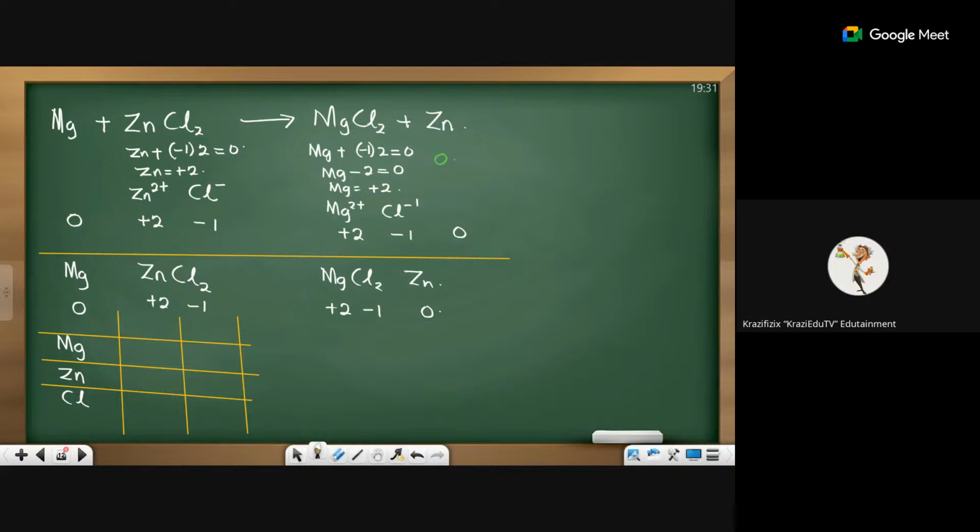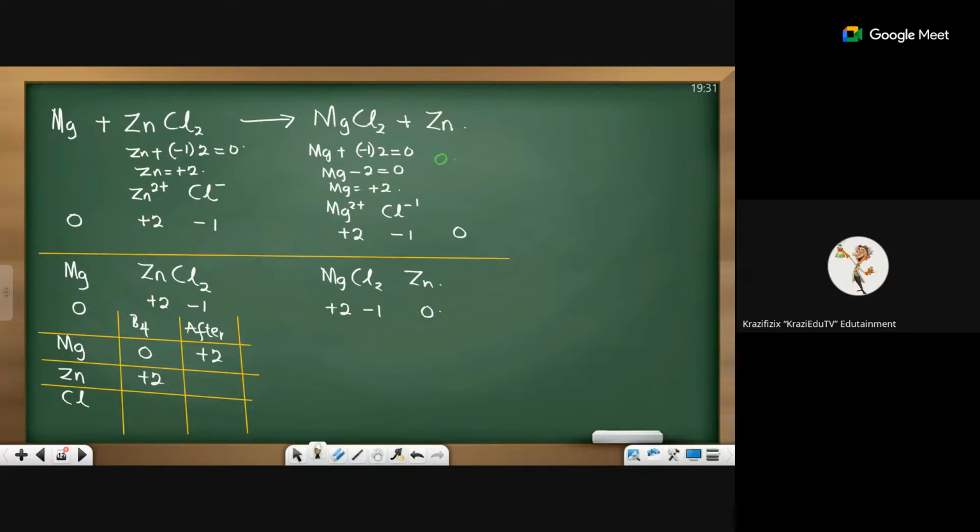What's the oxidation number of magnesium before? 0. And this is what? What's the oxidation number on the right-hand side? +2. What about zinc? On the left-hand side, +2.